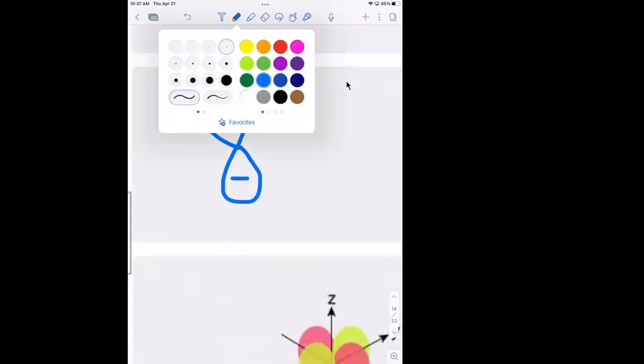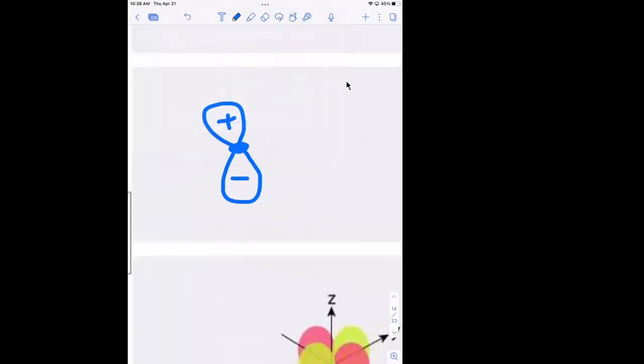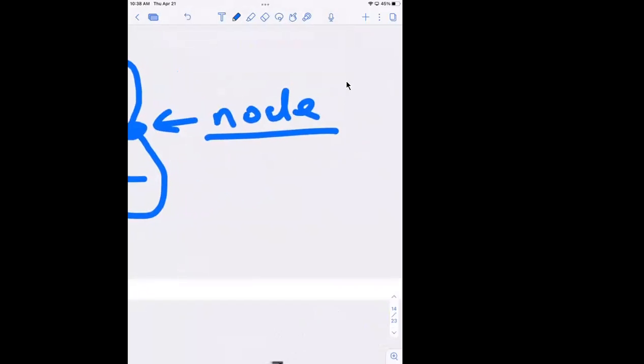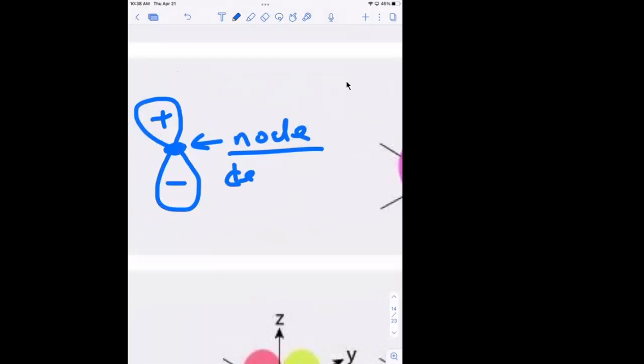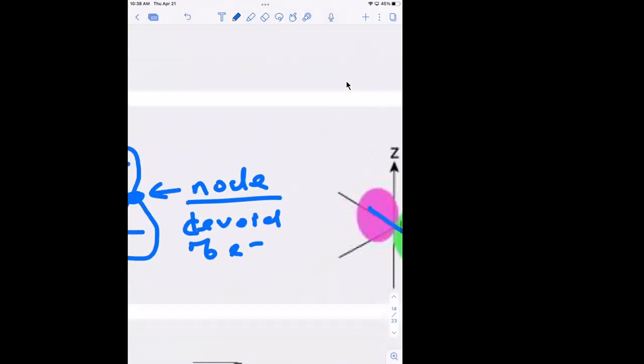Between the two lobes in the center is what we call a node. No electrons can be there. So that place is devoid of electrons. It's actually where the graph passes through 0.